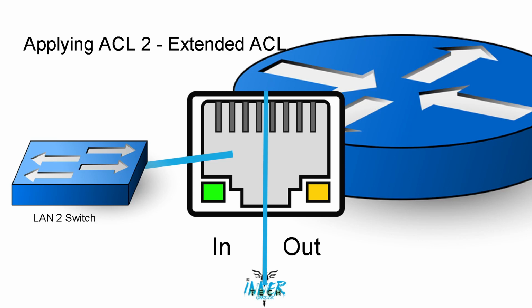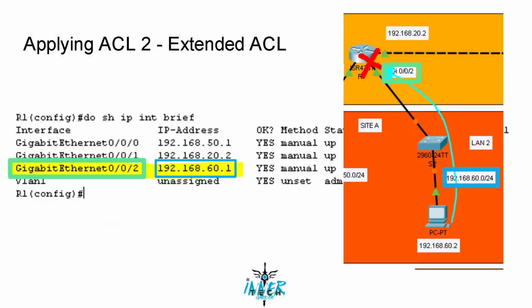Now we need to apply that ACL to a router port. So this needs to be closer to the source as an extended ACL. So let's put it on the interface that is connected to the LAN 2 switch, which is G0/2. We can tell that it's G0/2 as it's the one that has the default gateway of LAN 2's 192.168.60.0/24 network.